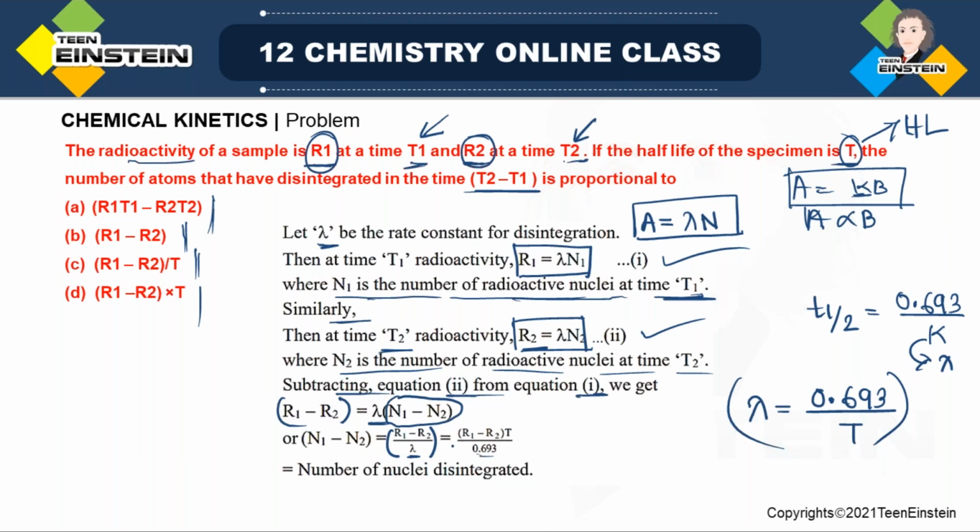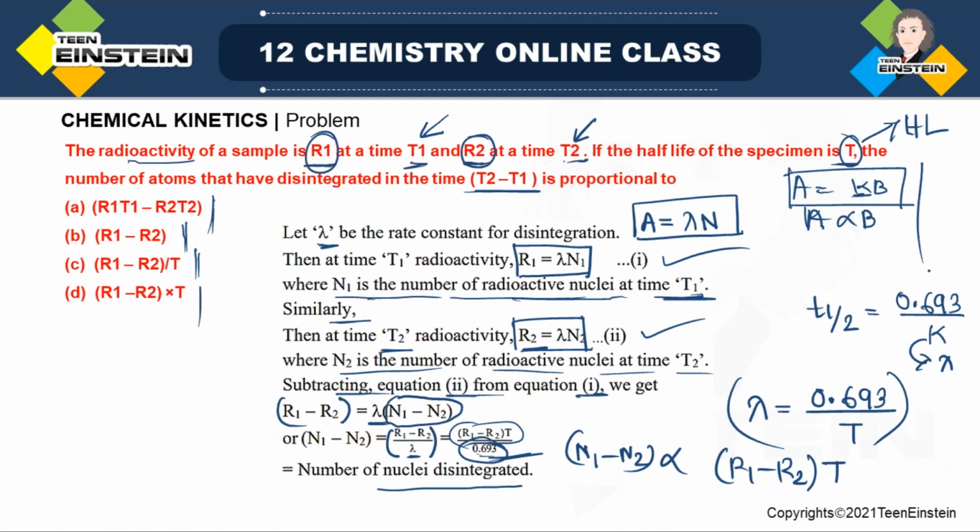Now in this expression, this part is constant, and R1 minus R2 into T is the variable. That means N1 minus N2, which is the number of nuclei disintegrated, is proportional to R1 minus R2 multiplied by T, because this part is constant.